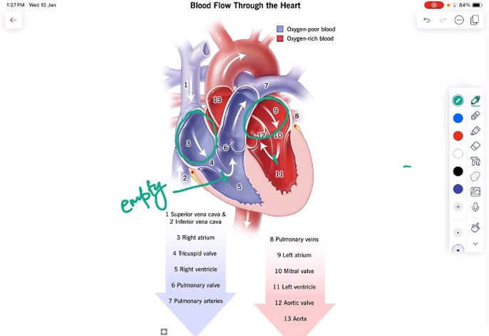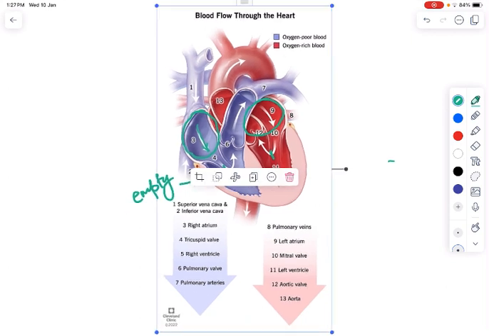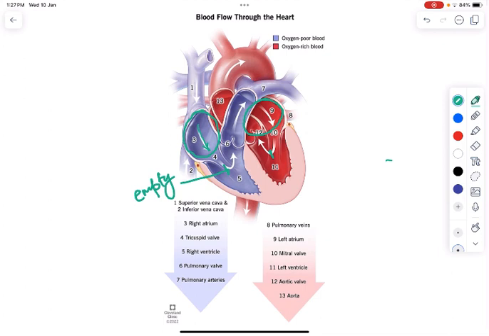See what happens: the blood from the right atrium will flow into the right ventricle through the tricuspid valve. This process takes place simultaneously in both ventricles, in this one also and in this one also.